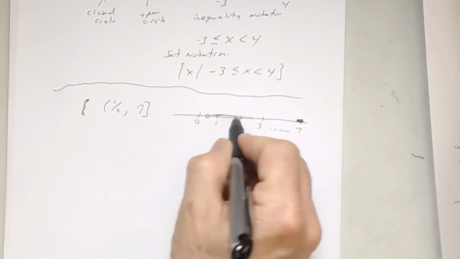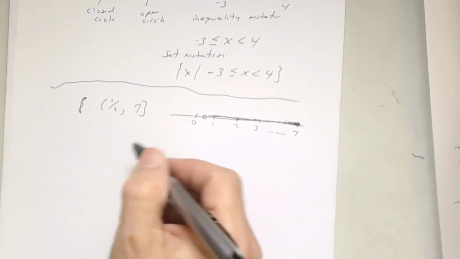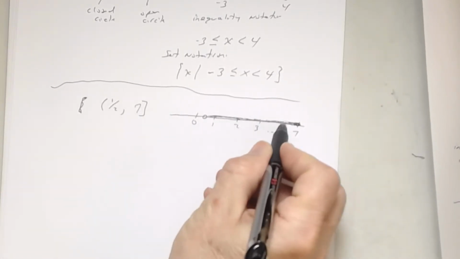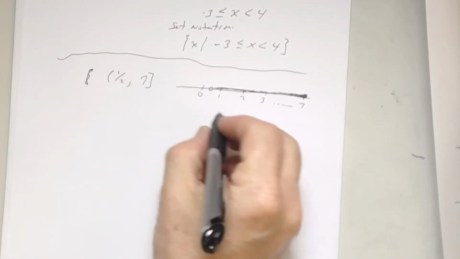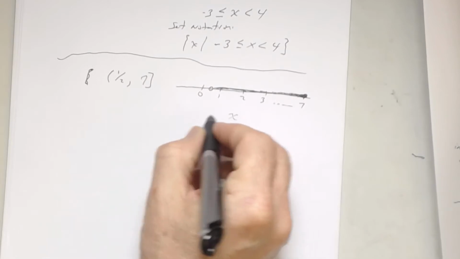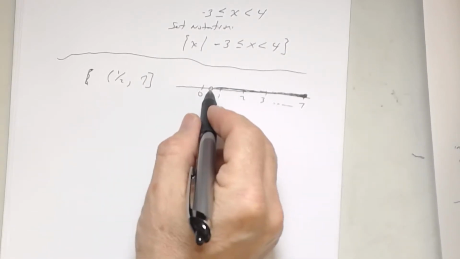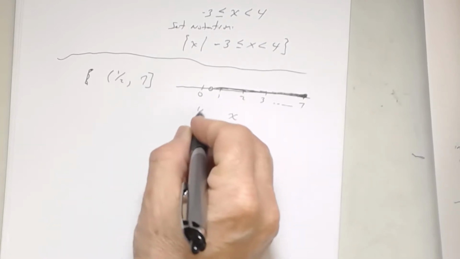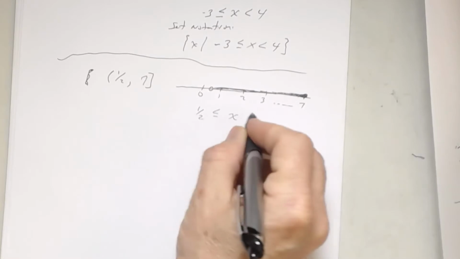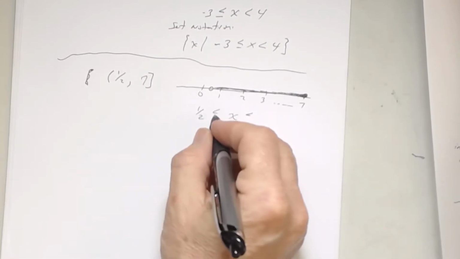But there's an infinite number of solutions. Any number in here is a solution. There's an infinite number. Okay, inequality notation. You can say your x's have to be what? All these x's have to be greater than 1/2. So you're going to say 1/2 is less than x, not less than or equal to, it's what?